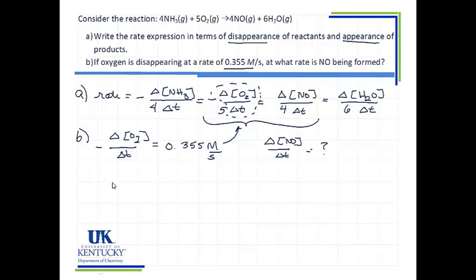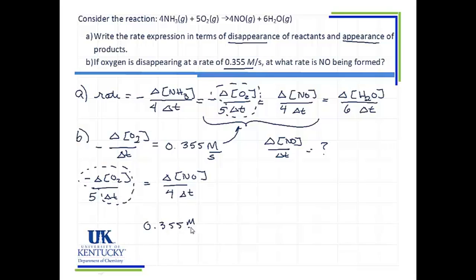So I'm going to write down this expression, minus the change in concentration of O2 divided by 5 delta T is equal to the change in concentration of NO divided by 4 delta T. I will put in place of this part the numerical value that they gave me, which is 0.355 molarity per second over 5 is equal to the change in concentration of NO divided by 4 delta T.